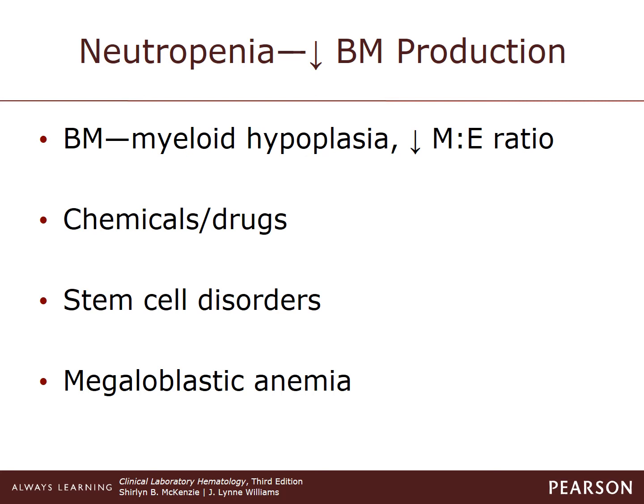In that case, the bone marrow will not be able to produce enough cells, and you will have a neutropenia, leading to an inadequate response to inflammatory sites, which can result in increased risk of overwhelming infections and can lead to patient death.